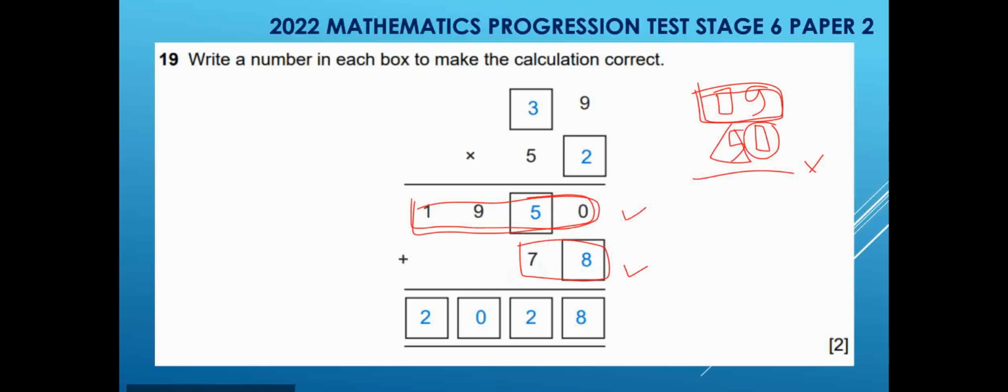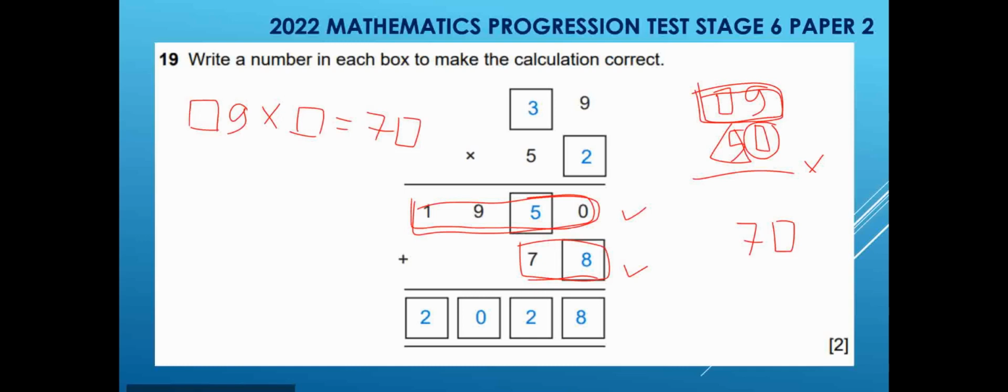Since this is 78, we want to find a combination of numbers, and this must be 7. A number times a number that will produce 7. So that is the riddle.